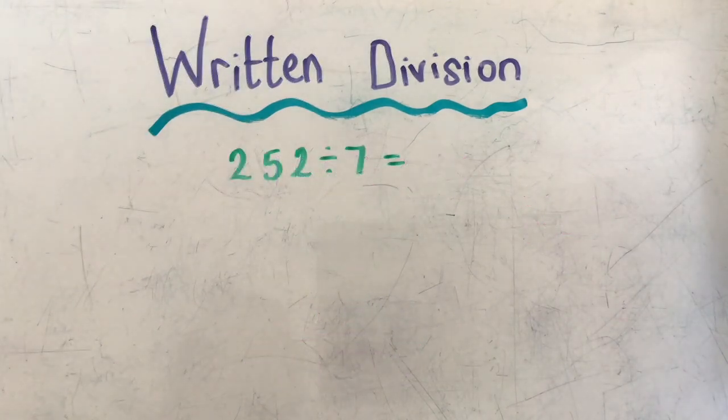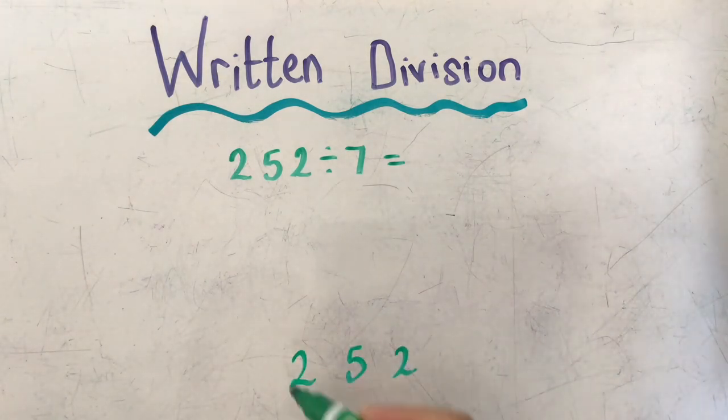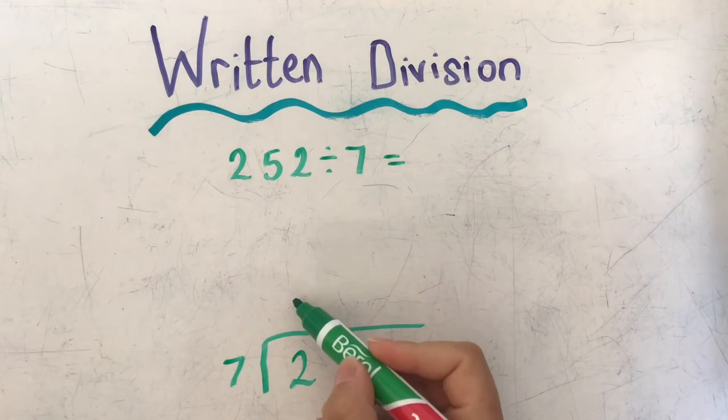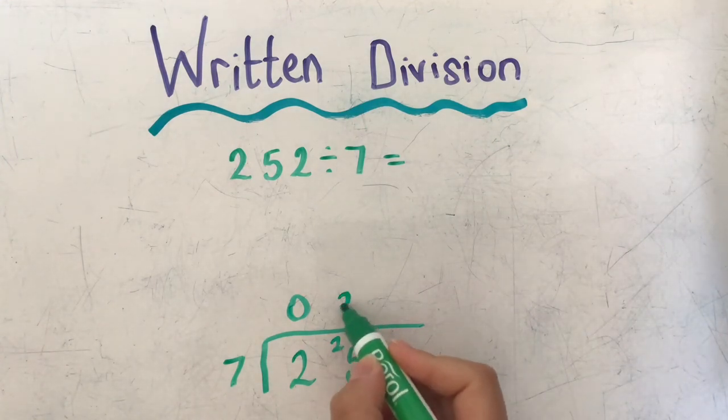I'm going to show you one final example. So 252 divided by 7. As always, we write out 252 first. We draw in our bus stop and we put the number that we are dividing by, or the divisor, 7 in front of it. 7 goes into 2 0 times, so we carry over 2. 7 goes into 25 3 times.